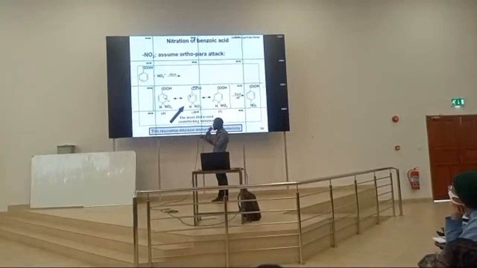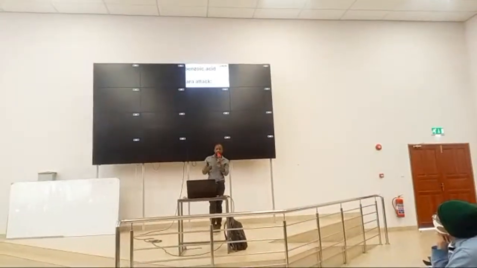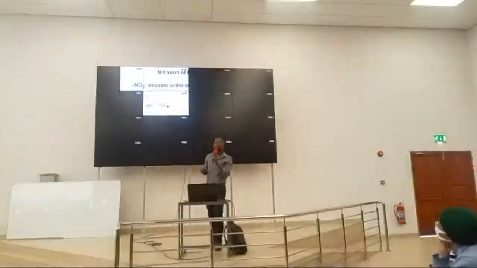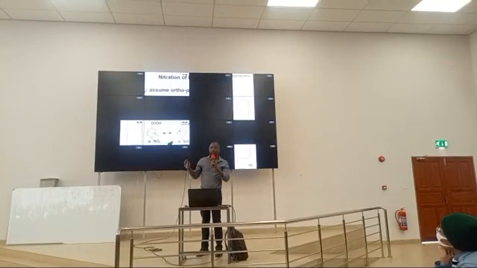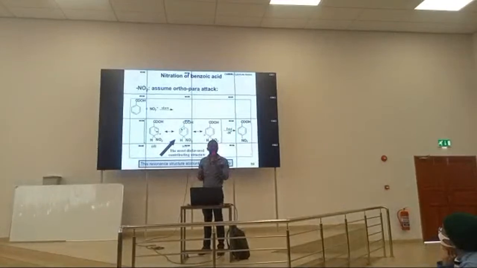It is sitting on a carbon atom. Whenever you have a carbocation with the positive charge sitting on a carbon connected to electron withdrawing groups, that is destabilized. Okay, a carbocation will be stabilized when electron donating groups are connected to that carbon, not electron withdrawing.